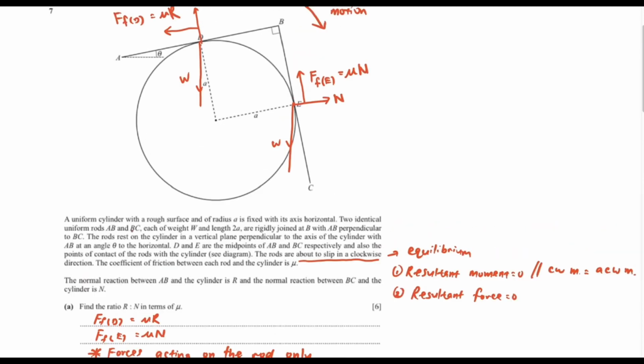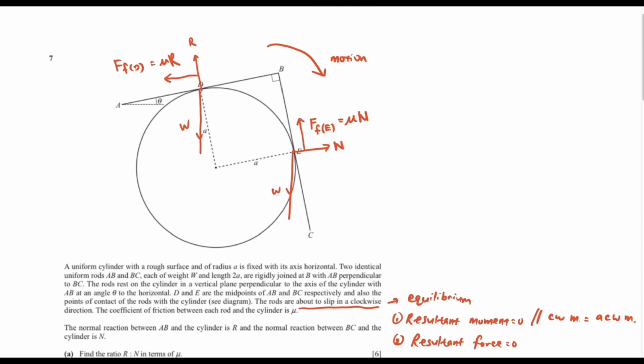Let's set up first which one is clockwise and which one is anti-clockwise. So I have this as the center. This one is going to be this way, and this way is anti-clockwise. This one is clockwise. Okay, let's say I use a different color.